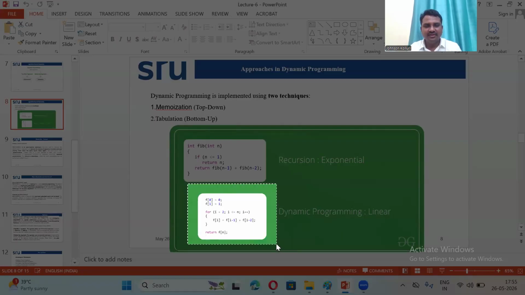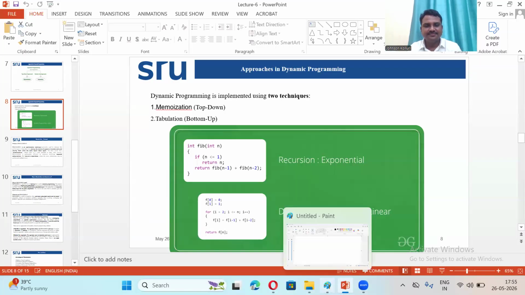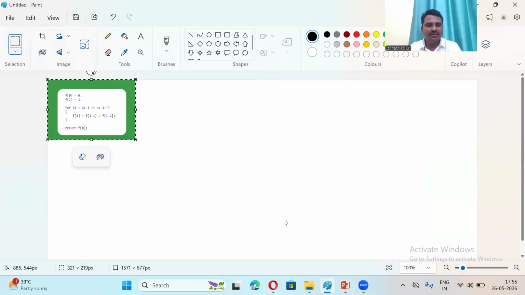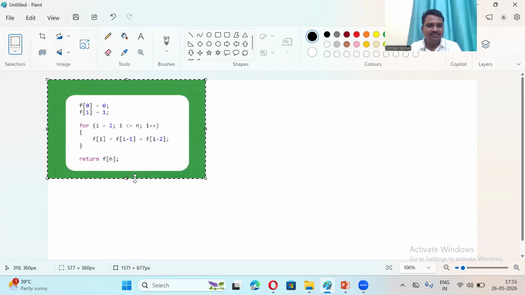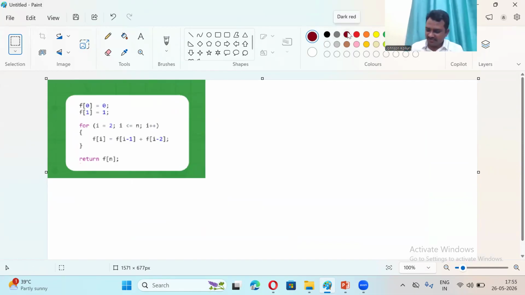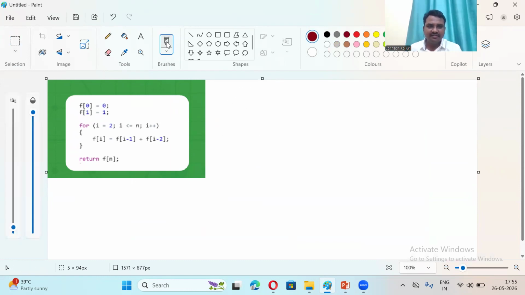Here, we are just using arrays. A loop is enough for implementing this tabulation mechanism. There we have the array.